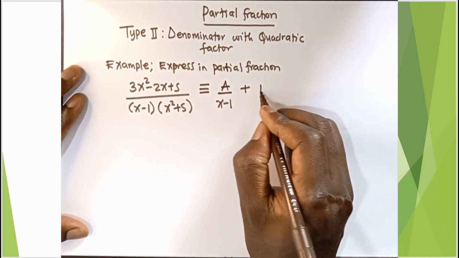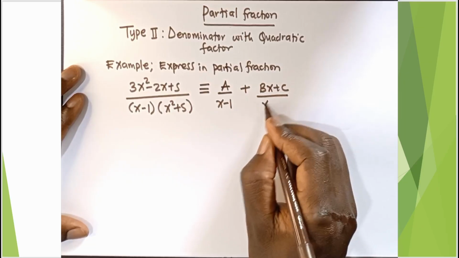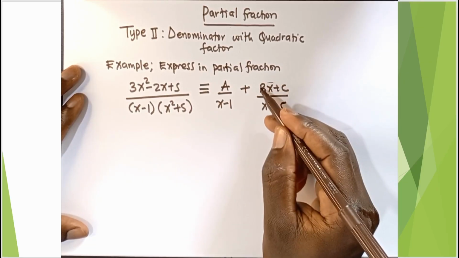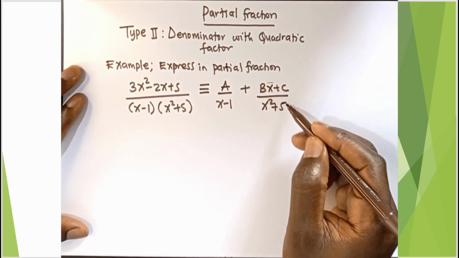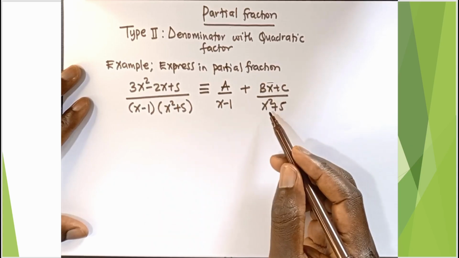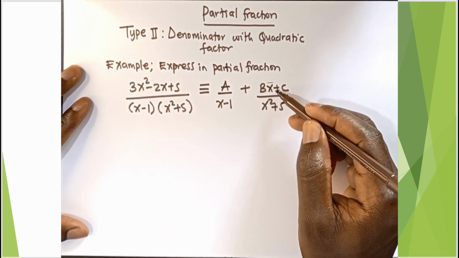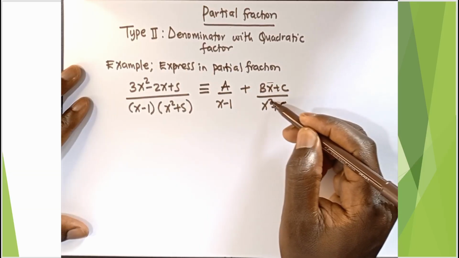Therefore, our numerator is going to be bx plus c over x squared plus 5. Its numerator is linear when the denominator is quadratic. That's whenever you are to get a proper fraction, the numerator must be linear for a denominator that is quadratic.